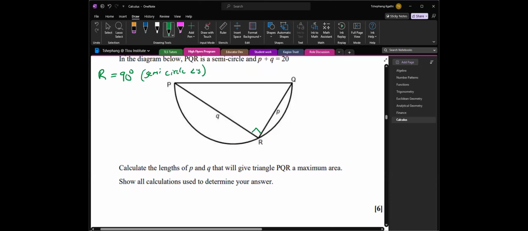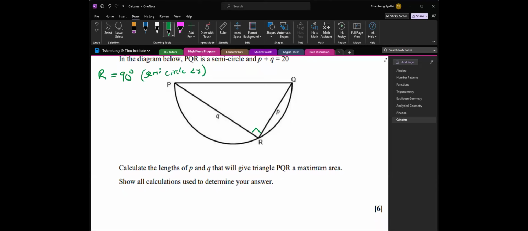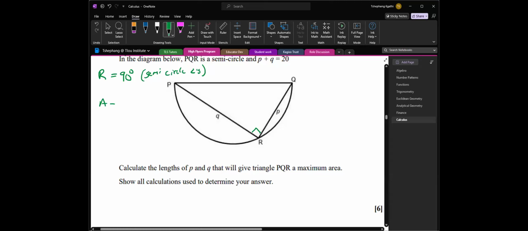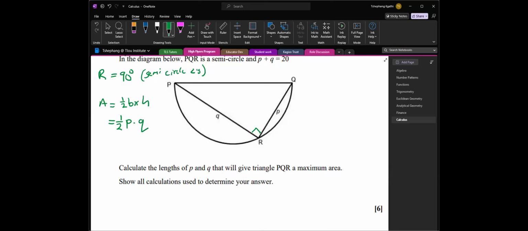Now because I'm working with a triangle and looking for the area, I know the formula is area equals half of the base multiplied by the height. So it's half of P, and the height is going to be Q. I'm hoping we're all together there.